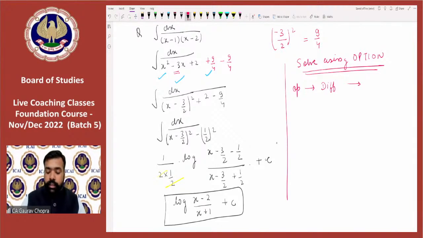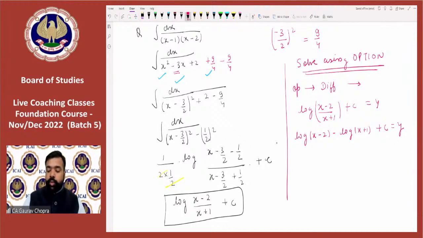Let's say the result is log of (x minus 2) upon (x plus 1), and then plus c is there. Now we have taken this as y. Before we do dy by dx, we can apply the property of log m upon n, which is log m minus log n, and then plus c, it is equal to y.